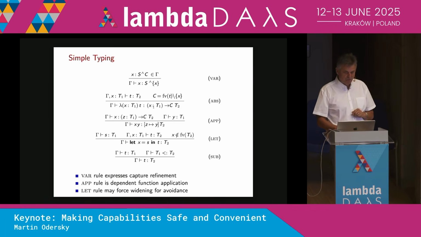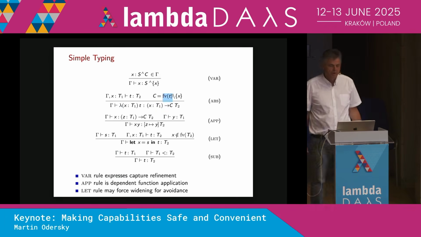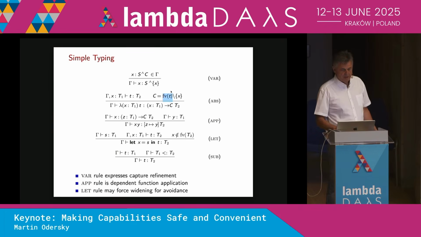Okay, then for the function type, we ask, how do capabilities come into existence? Well, essentially, if we have a lambda abstraction like this one here, we look at the free variables of this T. So what are the free variables of the lambda? And we deduct the parameter X, and that becomes the capture set of the closure here. You see?